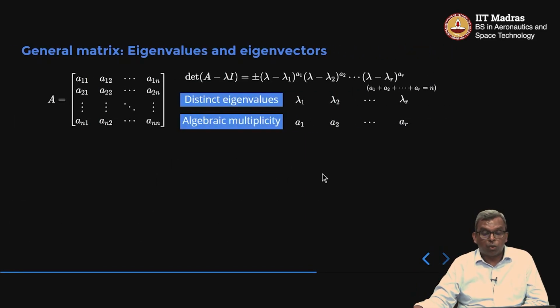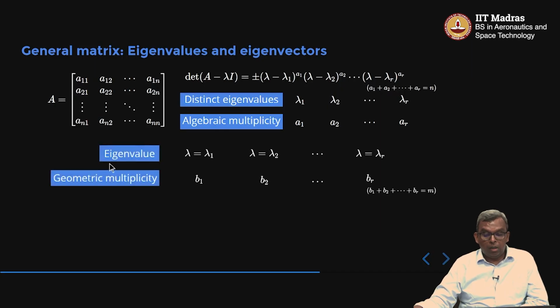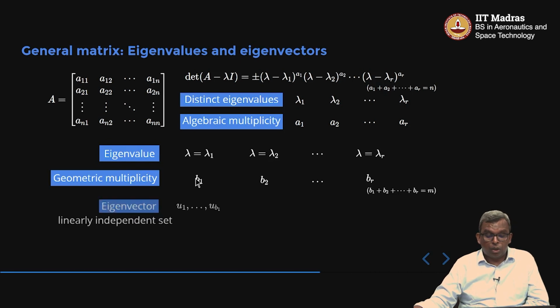Let me show you where I used it. Let's start with a general matrix A, n cross n. It's got a characteristic polynomial, it's got r distinct eigenvalues, each with multiplicity a1, a2 to ar, where a1 plus through ar is n. Now we know the eigenvalues have geometric multiplicities b1 to br, and we know b1 is between 1 and a1 and so on.